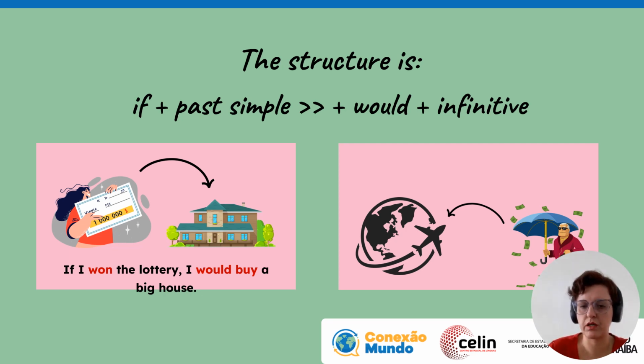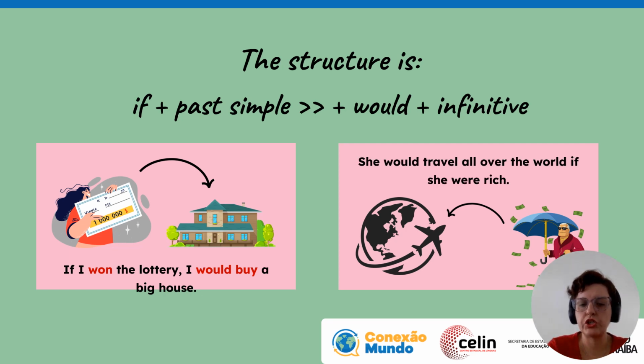Look at the second one. She would travel all over the world if she were rich. Okay, if she were rich, she would travel all over the world. Okay, I'm imagining these situations. Here, I want to call your attention to she were. Ah, teacher, but this is not correct. Okay, we know that the correct is she was.